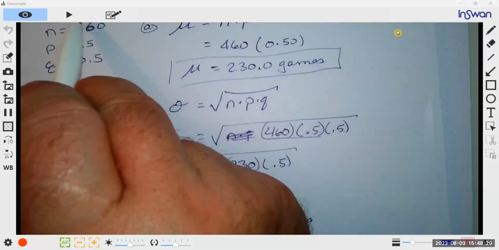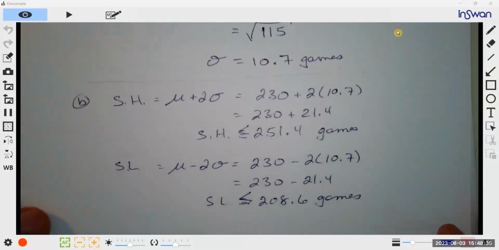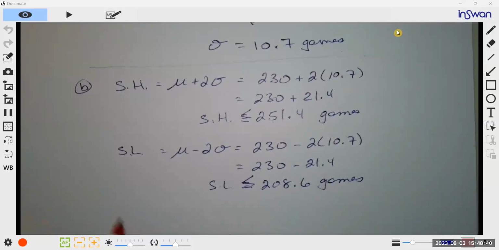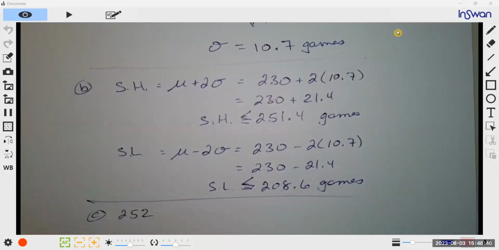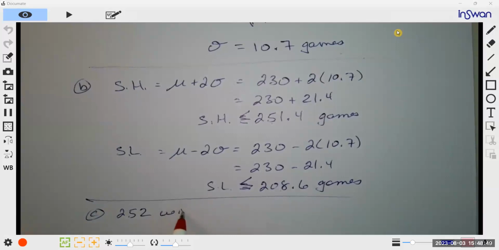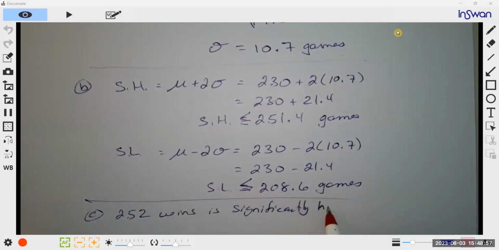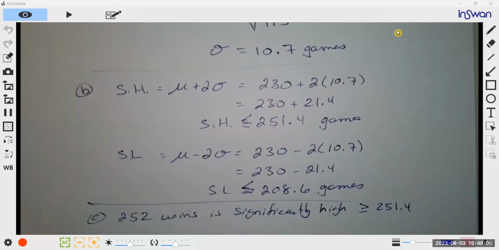And C, is the result of 252 overtime wins in 460 games significantly high? 252 wins is significantly high because it's greater than or equal to 251.4, which is there.